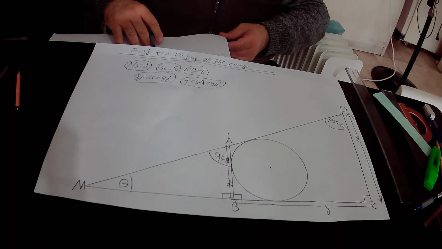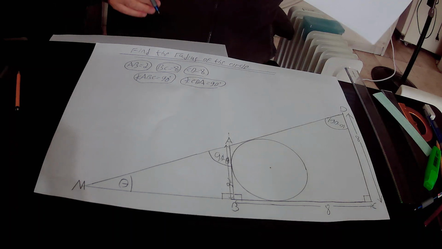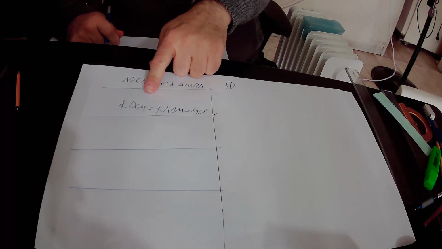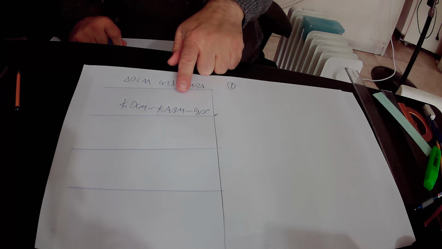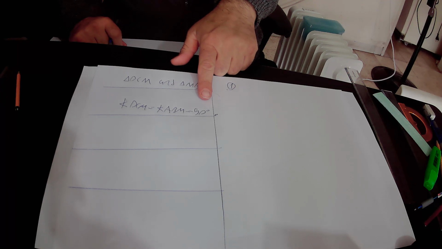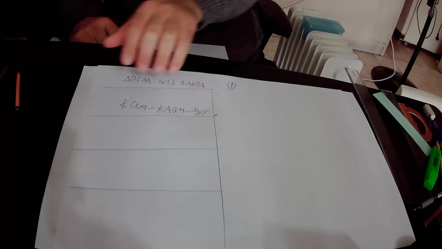Repeat again. Angle DCM in triangle DCM equals angle ABM in the small triangle MBA. They are both equal to 90 degrees, therefore they are equal to each other.